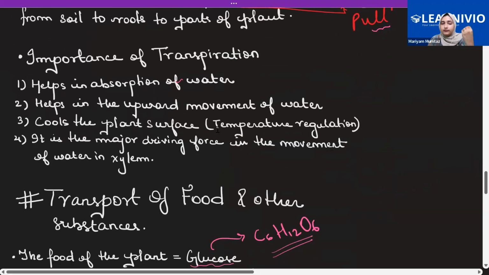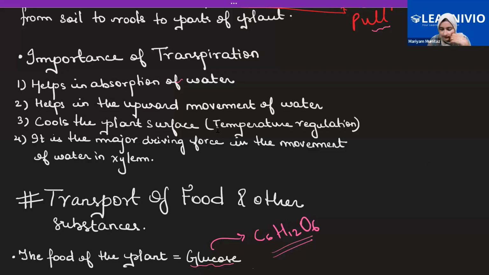Any doubt? Ma'am, that's flaccid, right? Transpiration pull from the stomata, right? The closing of stomata only is transpiration pull? No, that is different. Flaccid and turgid was the opening and closing of the stomatal pore. But here we're not concerned with the opening and closing.